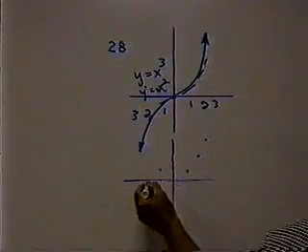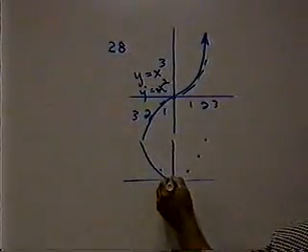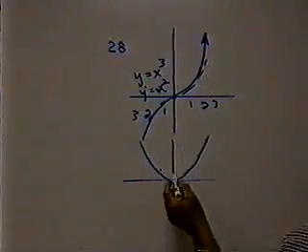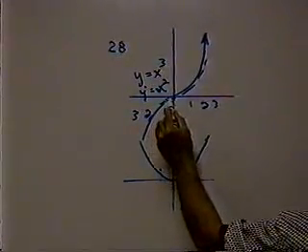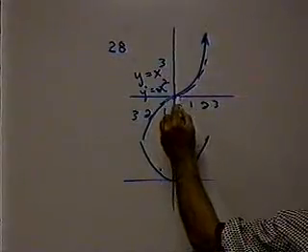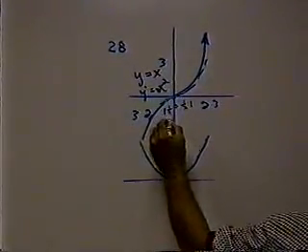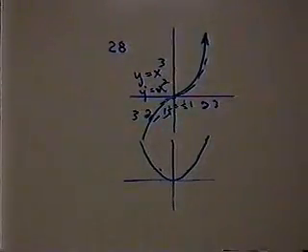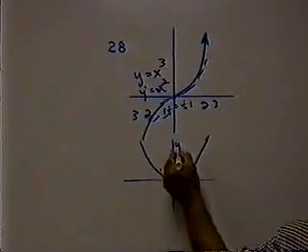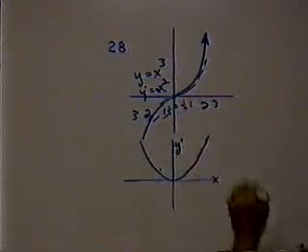Over here it's 1. Over here it's 2. And so what we get then is something like that. This is 1 and then 1/2 and then 0 and then +1/2, so it's 1/2 and then 0 and 1/2 and so on. So therefore this is the derivative, y prime, for this curve up here.